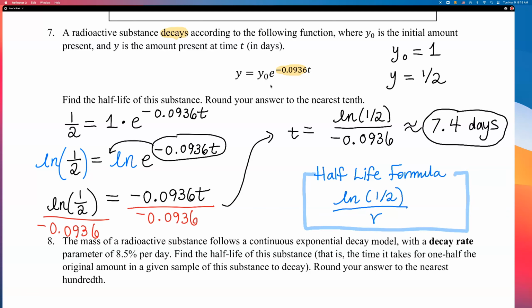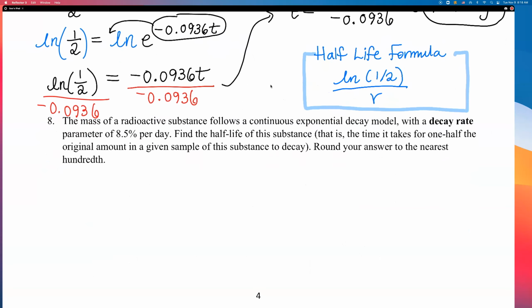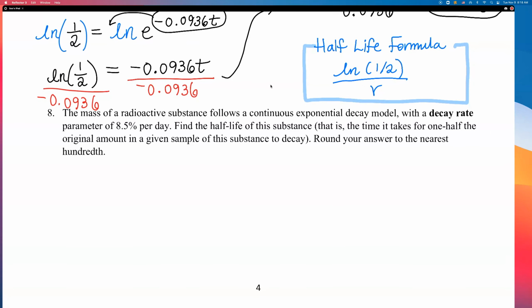I think I'm going to use that for the last example here. A mass of a radioactive substance follows a continuous exponential decay model with the decay parameter of r equals, oh, hold on a second. Notice that they said decay. It would be wrong for me to say 0.085 because positive r means exponential growth.